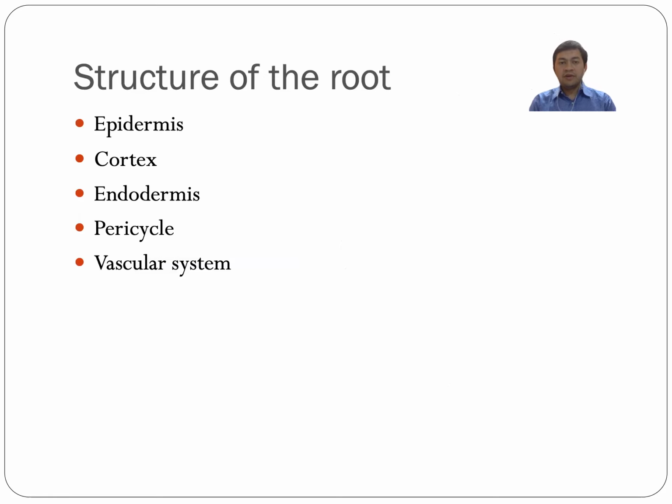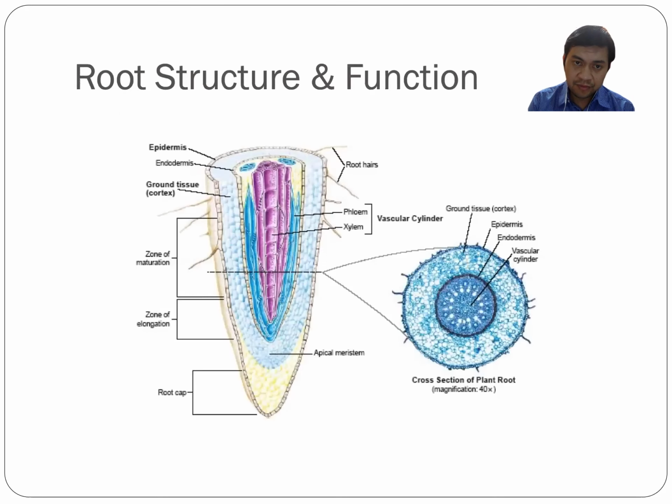So now we will discuss the structure of the root. Mainly, the structure of the root can be divided into epidermis, cortex, endodermis, pericycle, and also the vascular system. This is the two-dimensional view of the root here.